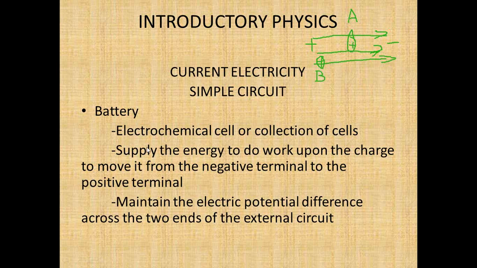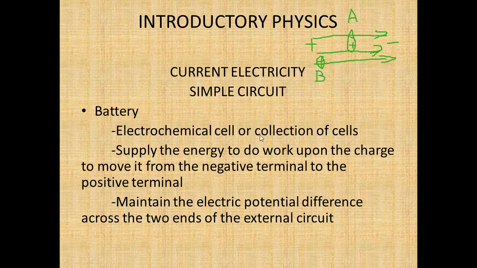So the battery supplies the energy to do the work upon the charge to move it from the negative terminal to the positive terminal. So it's going to move it from the low potential terminal to the high potential terminal. But you need something to do work because you have to overcome this repulsive force.